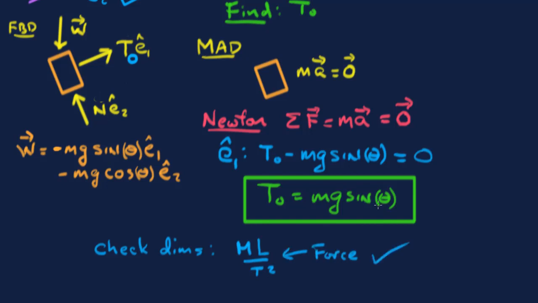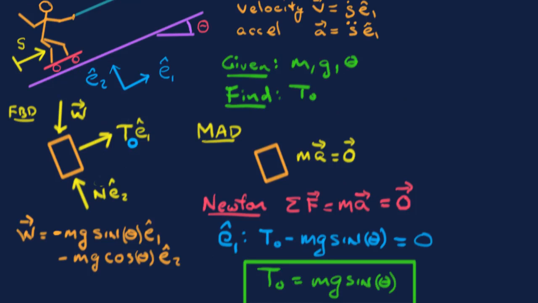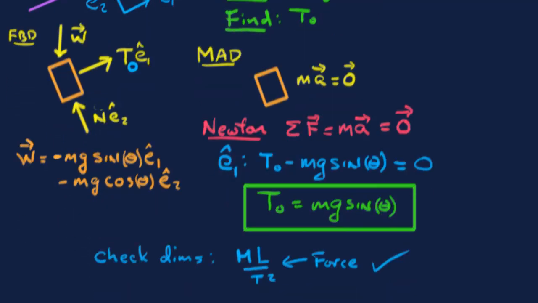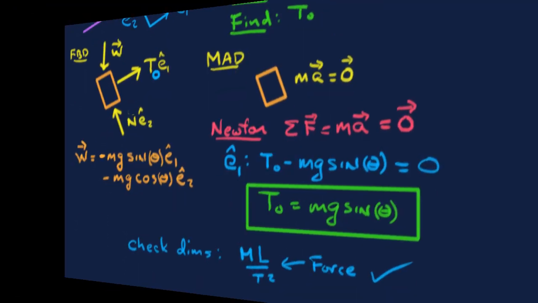And by the way, sine of theta, if I were to draw a triangle over here, like so, would be the opposite side of this triangle divided by the hypotenuse. So it's a length divided by length, so sine theta itself is unitless. So there we go, got a force. And question number 1 is finished.